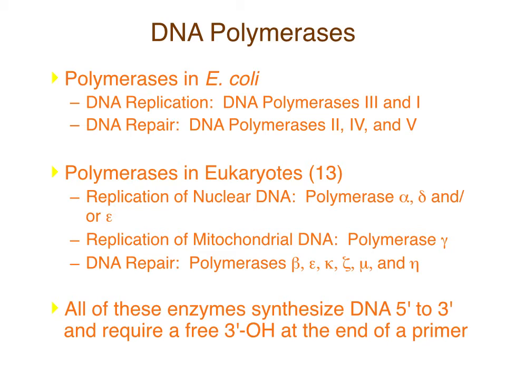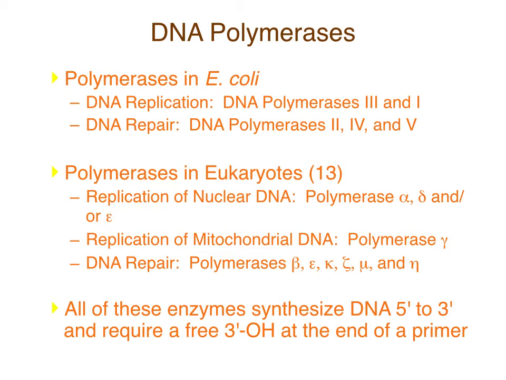Later on, we'll go through the whole process of DNA replication. I'm not going to overburden you with knowing all of those different ones, but just a couple of main ones when we go through that process of DNA replication in E. coli. In eukaryotes, there's a lot more. It's more complicated. It's more complex.